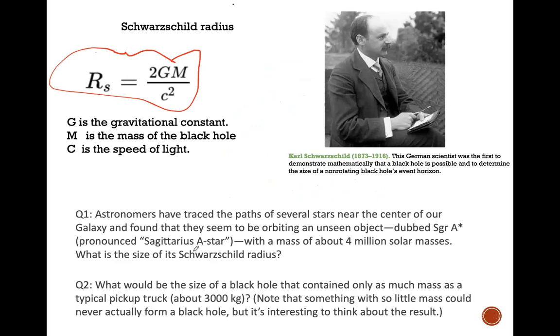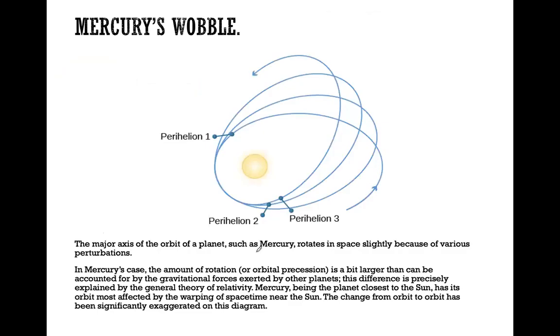You will see that this is why this effect is not considerable in our day-to-day life. It's the same type of calculation, so practice it for these two questions, which I will take later if I get time, but just try yourself. You just have to plug the values into that equation. So that's it.